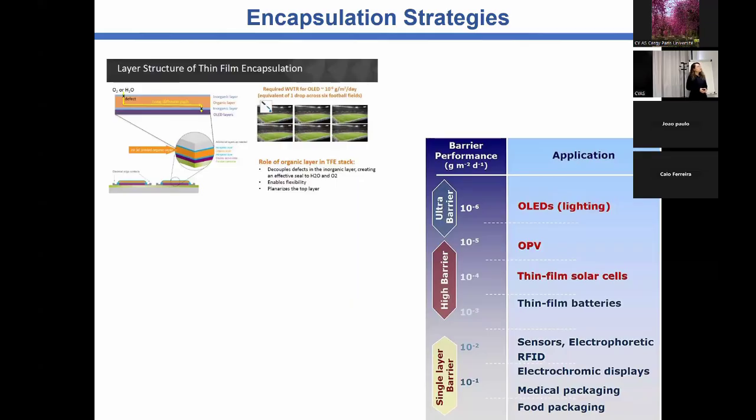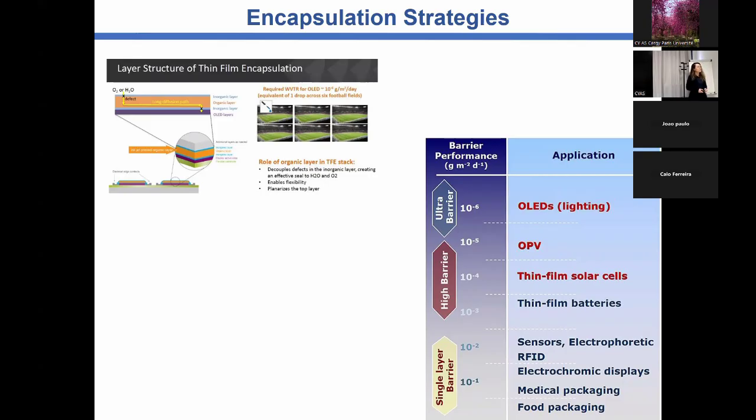Just for curiosity, here are the applications of organic materials in terms of technology. So for instance, the barrier here is for the water intake.